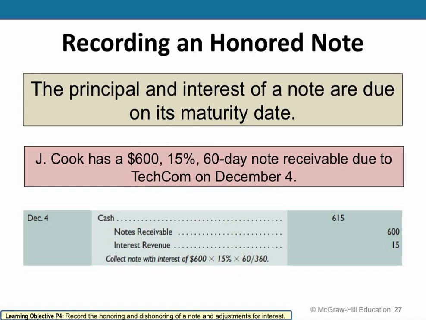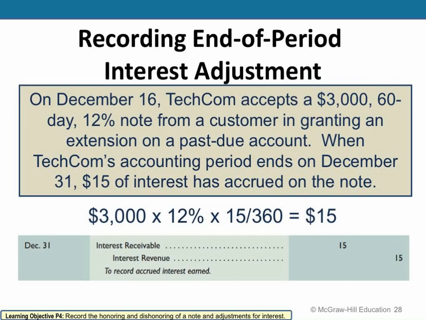Here we're going to credit that $600 back off, and then we had interest revenue that we earned over that span of time of $15. We're going to credit the revenue as we earn it over the span of time. But that's going to be debited by the additional $15 in cash along with the credit to the notes receivable. So here we've got $615 for total cash, and that's $600 crediting notes receivable to get it off our balance sheet, and then $15 in the interest revenue as it's earned over that span of time.